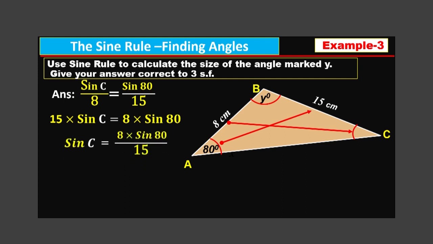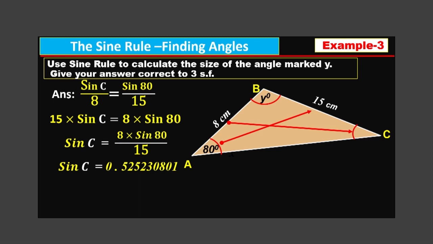So, sine C equals 8 times sine 80 by 15, and you may use the calculator, divide it by 15 to get the answer as sine C equals 0.525230801.